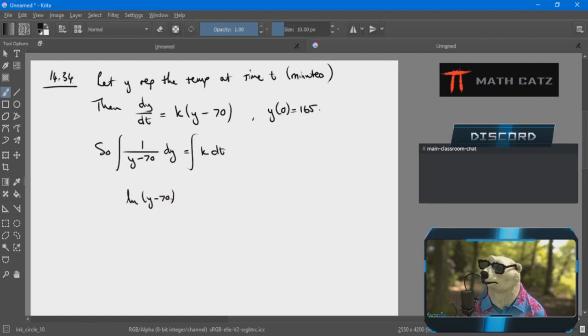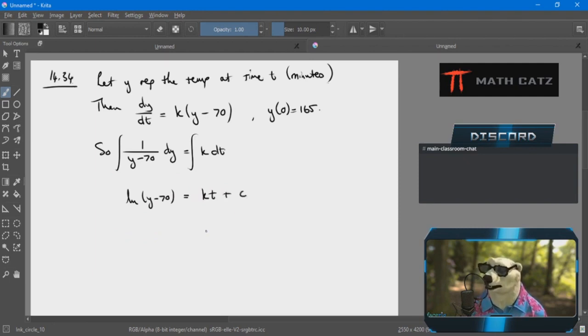To be more accurate here I need absolute values, perhaps sometimes, but because in the cooling situation my temperature is always greater, we are just going to keep it as simple as possible to not get caught up in technicalities that eventually fix themselves. So if you know a little more, I understand there should be absolute values here. I'm trying to not make it look more intimidating than it needs to be.